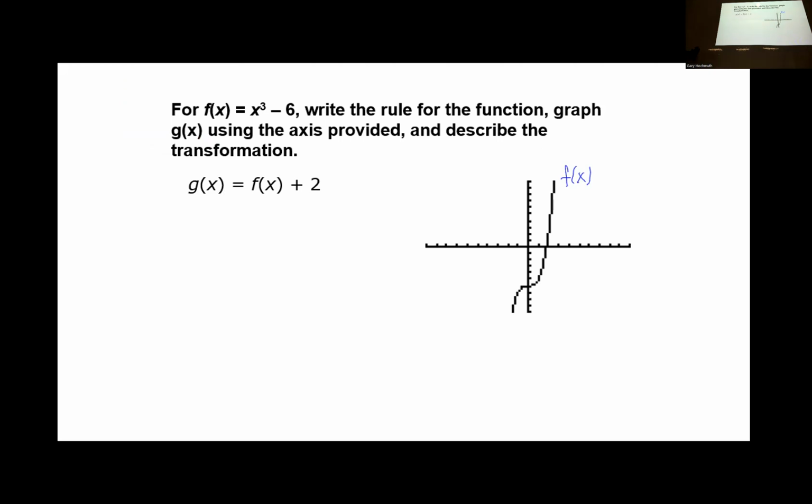And describe the transformation. So here, I'm just going to take f of x and move the whole thing up 2 units. Not too hard, because this one, f of x, we said was equal to x cubed minus 6. And we're going to move it up 2. So my g of x, simplifying, looks like x cubed minus 4.